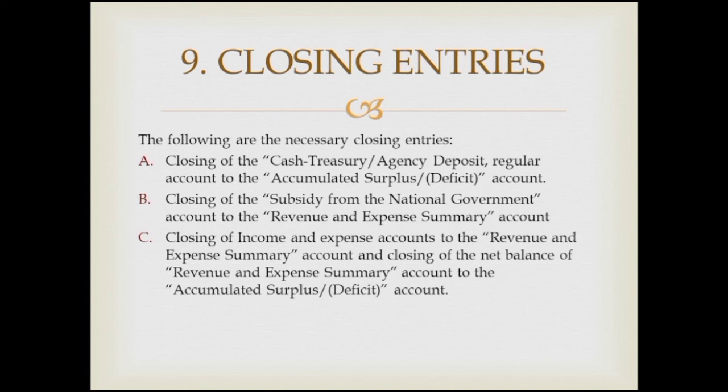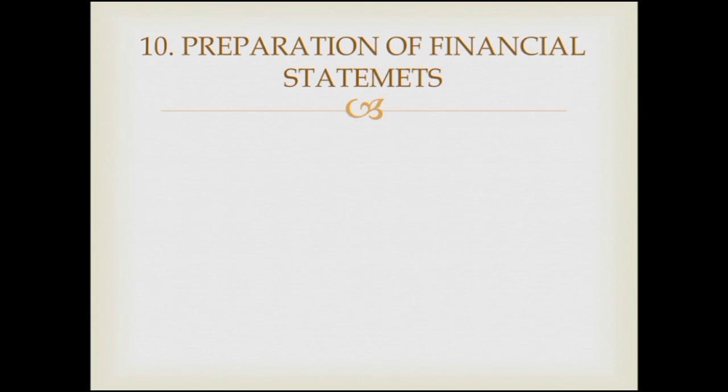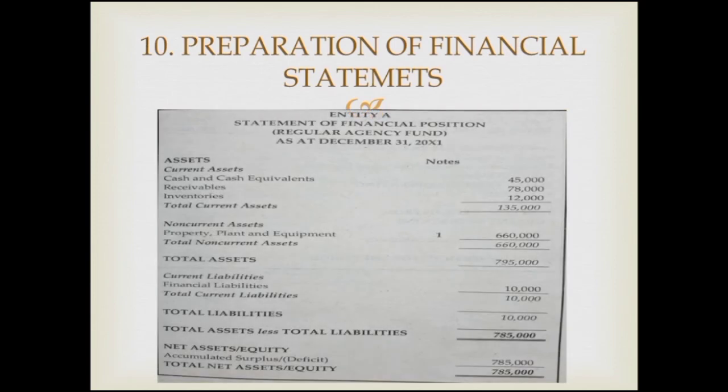And the last one is the closing of the income and expense accounts to the revenue and expense summary account, and the closing of the net balance of the revenue and expense summary account to the accumulated surplus or deficit account. The last part is the financial statements of the government accounting.